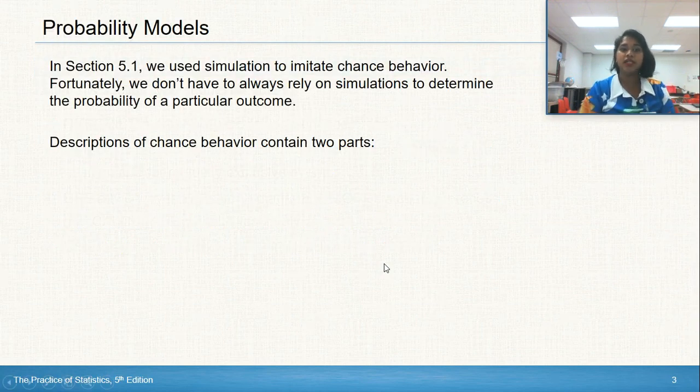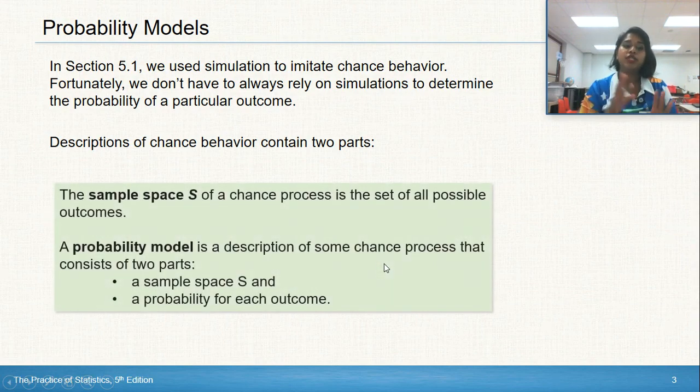In our previous video, in our previous day in class, we did simulations where we stated, planned, did, and then concluded. But you don't always have to rely on those simulations. You can see that they're kind of a lengthy process to set up. And so you can actually do a probability model. But in order to do that, you need two different parts. You need the sample space, which is just a fancy word for your actual possible outcomes, and then your probability model itself.